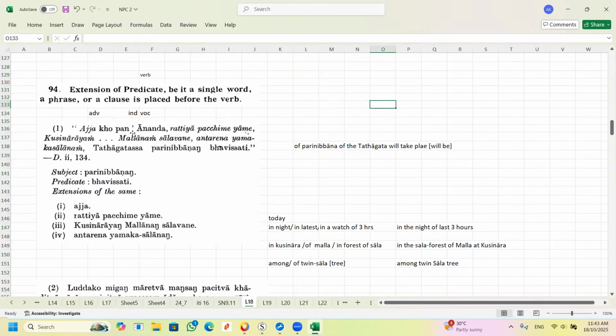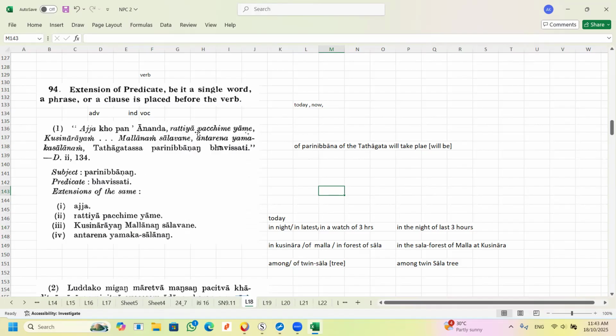So if we take these two words, today, then there's another word, now. Okay. This is vocative. Person, another, etc., etc. All right.